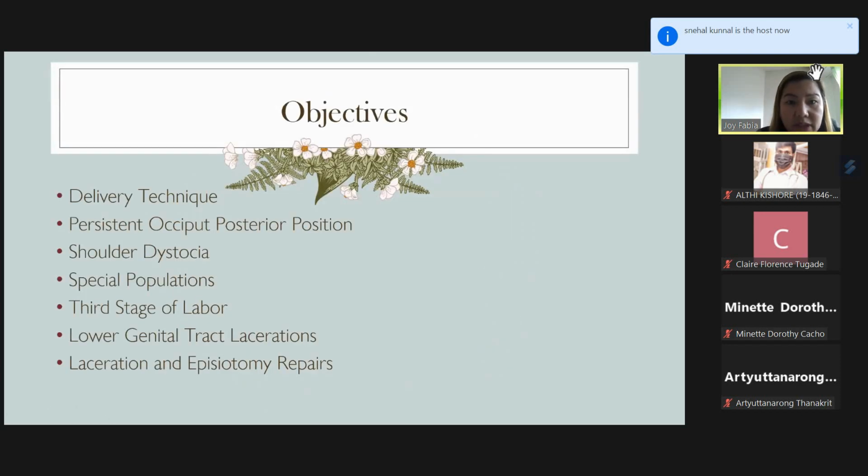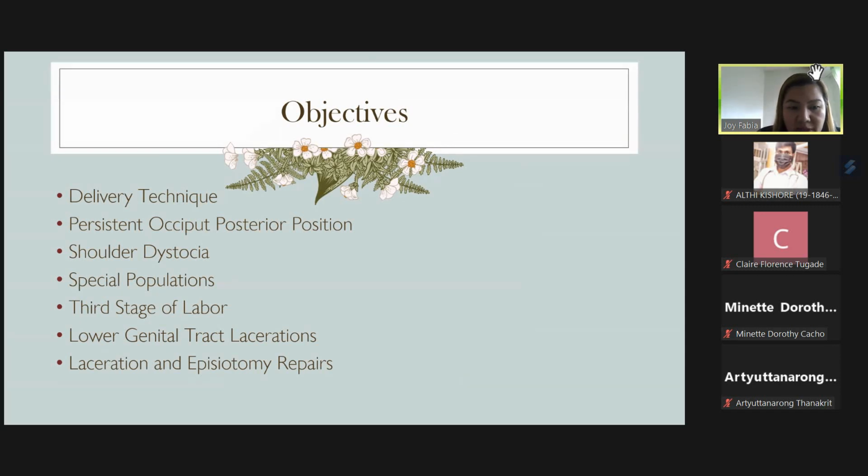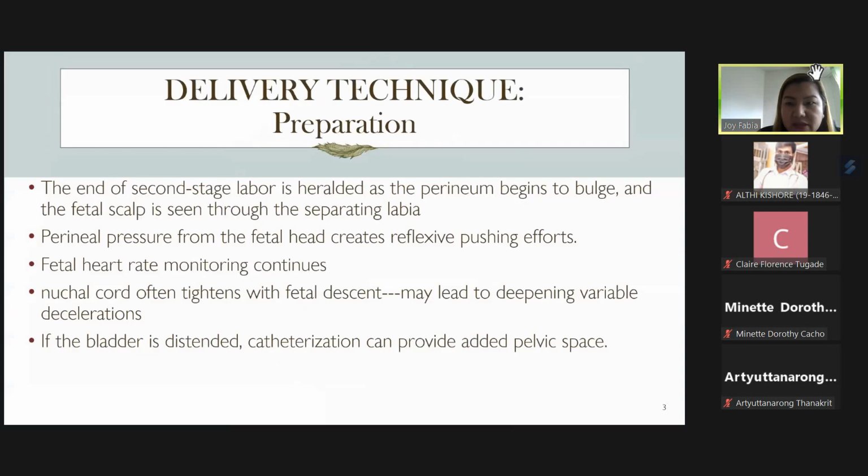So the objectives for this lecture are to know about the delivery technique, know more about what a persistent occiput posterior position is, and then knowledge about shoulder dystocia management, and then some special populations, third stage of labor, the lower genital tract lacerations, and the episiotomy repairs.